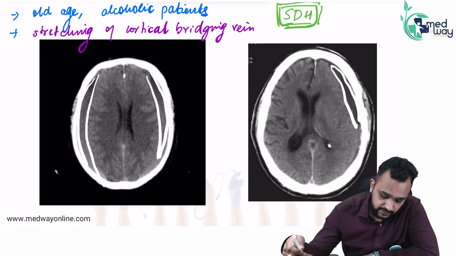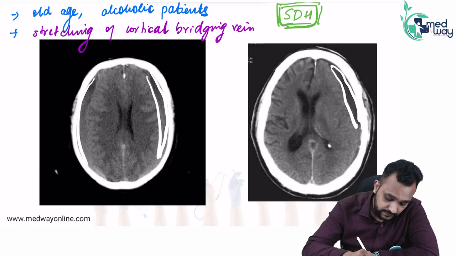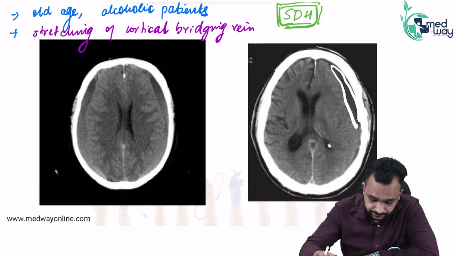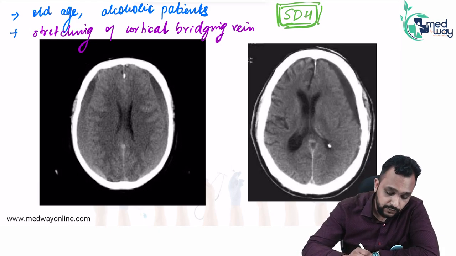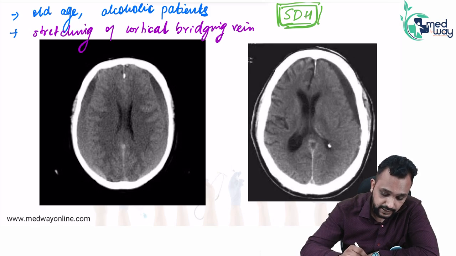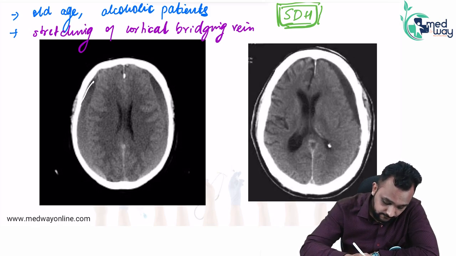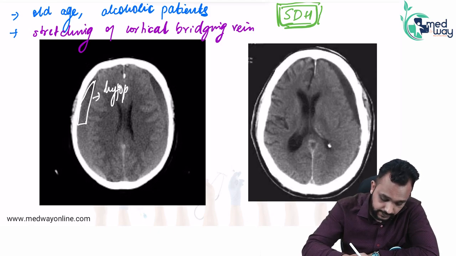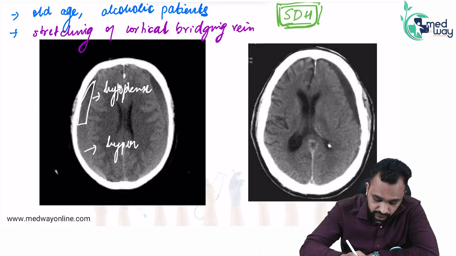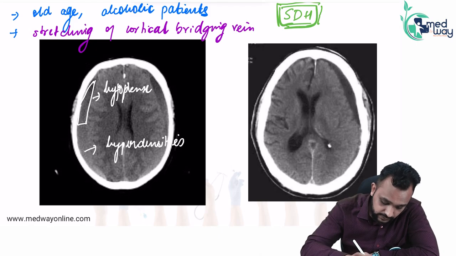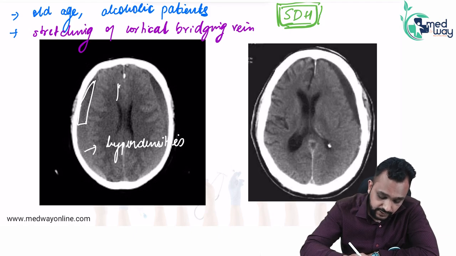Now here in this image, besides the shape of the bleed, one more thing that we can see in these patients is that there is a hypodense area, right? And there is a hyperdense area. So two types of densities can be seen within this concavo-convex shape bleed. Okay? So why are we getting these two types of densities?